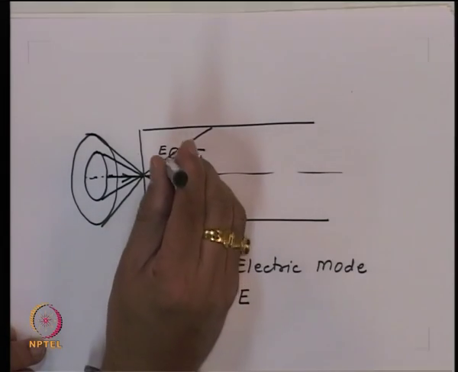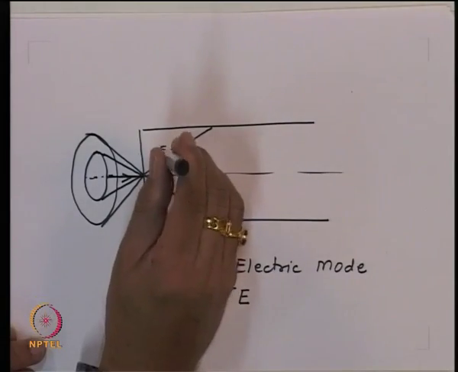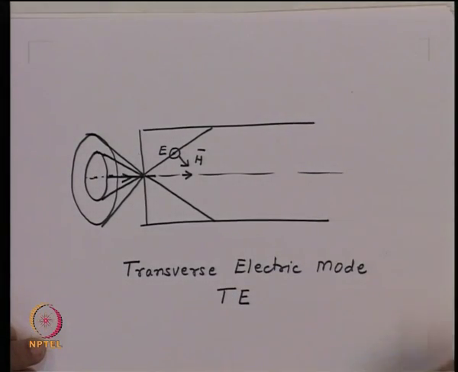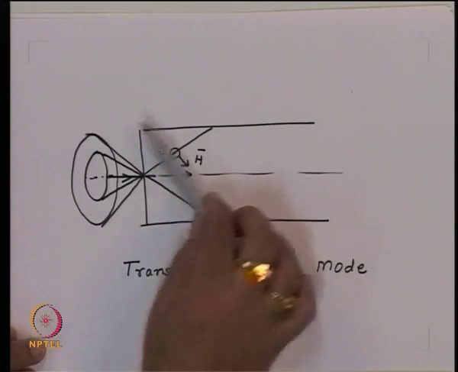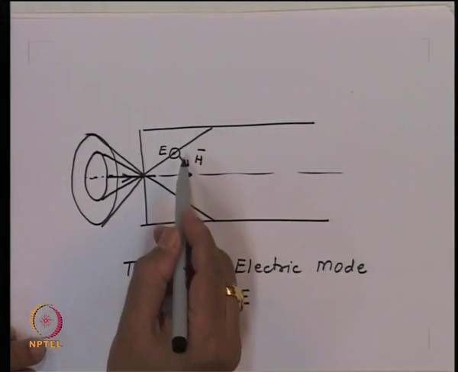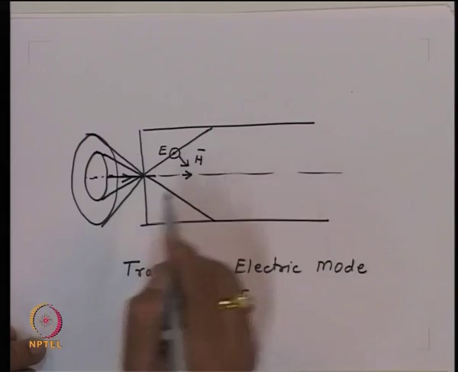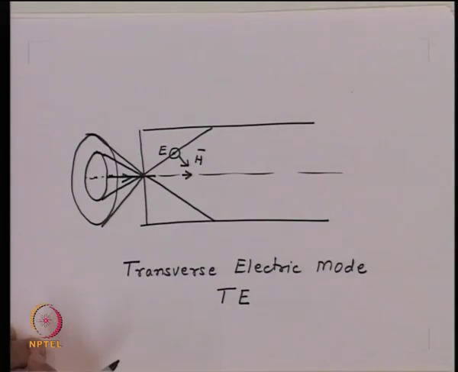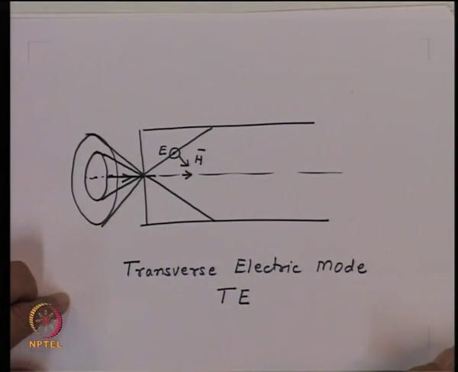Instead of the electric field being perpendicular to this, if the magnetic field was like that, then the electric field will lie in the plane of the paper, and then you will have electric field components in the direction of propagation, and the magnetic field will remain always perpendicular to the direction of propagation.